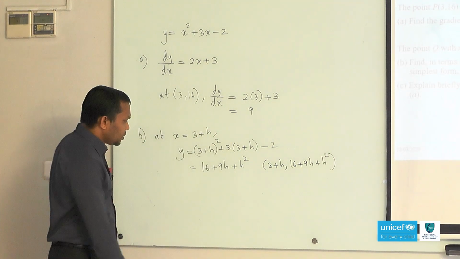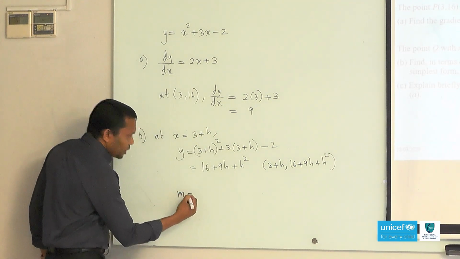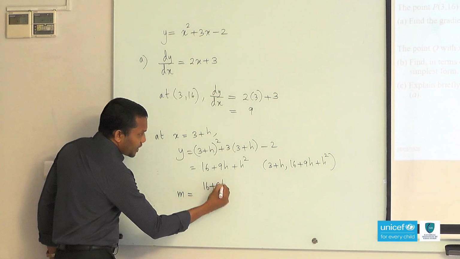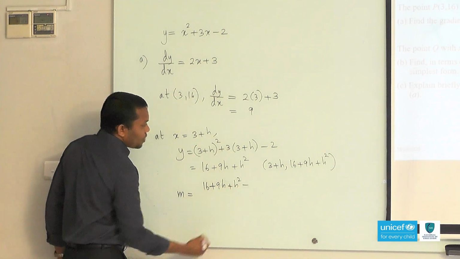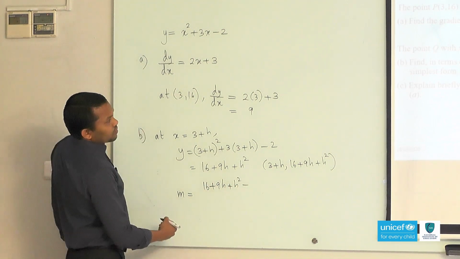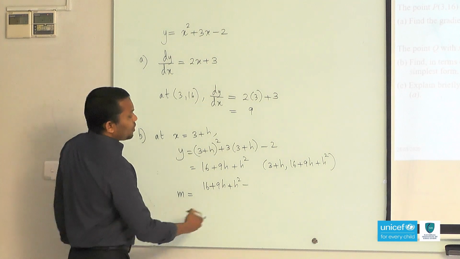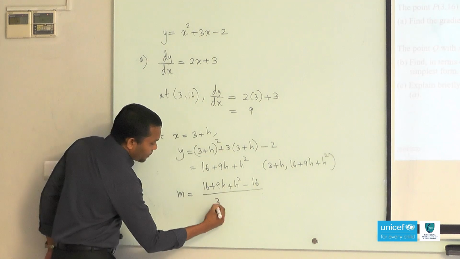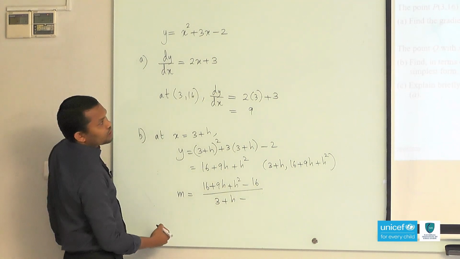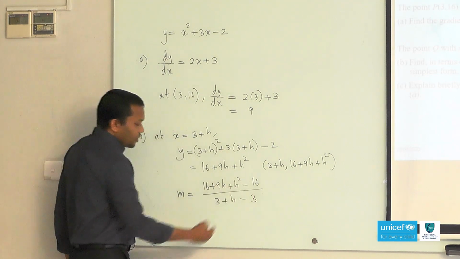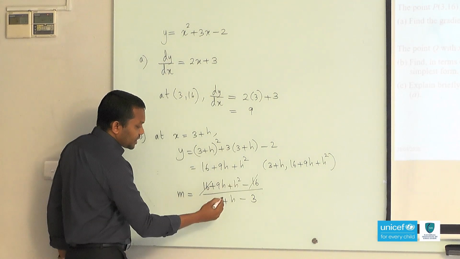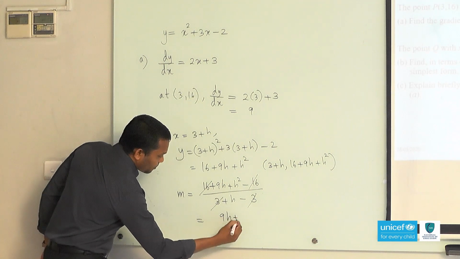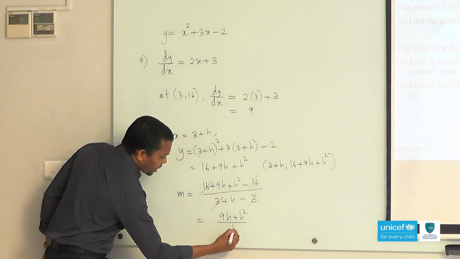So, the gradient is m equals (y2 minus y1) over (x2 minus x1): (16 plus 9h plus h squared minus 16, the y coordinate of P) divided by (3 plus h minus 3, the x coordinate of P). The 16s cancel, and the 3s cancel, which simplifies to (9h plus h squared) divided by h.